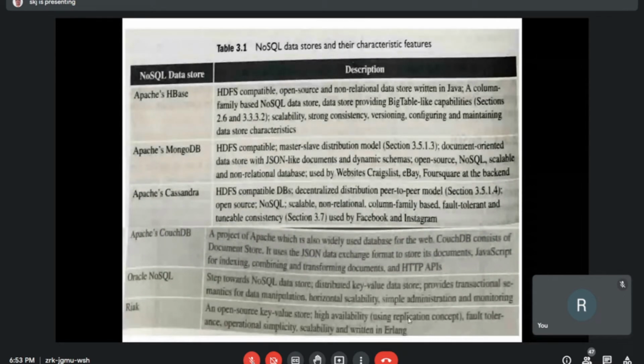So they are somewhat more popular databases, but if you go on the net and try to find them, there is a very large number of NoSQL databases. Actually what happened here is that when relational database technology was dominating the market, new e-commerce and web based applications required managing their huge data.